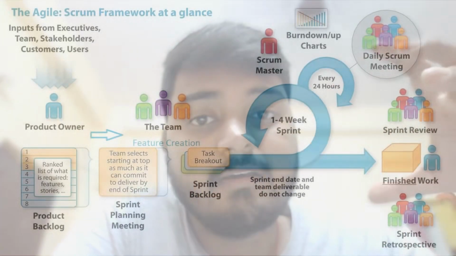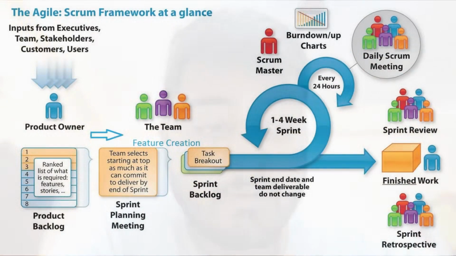Let us understand what is agile. So it is basically an iterative approach to project management. It's a strategy that a team or a project follows for software development, and their focus on rapid release can be achieved.